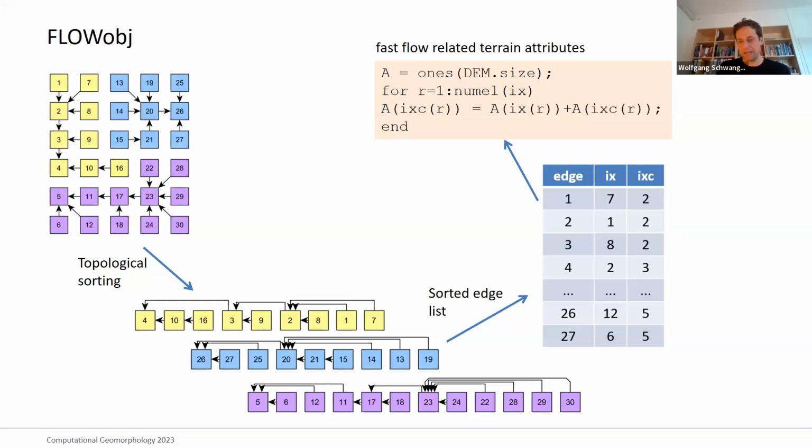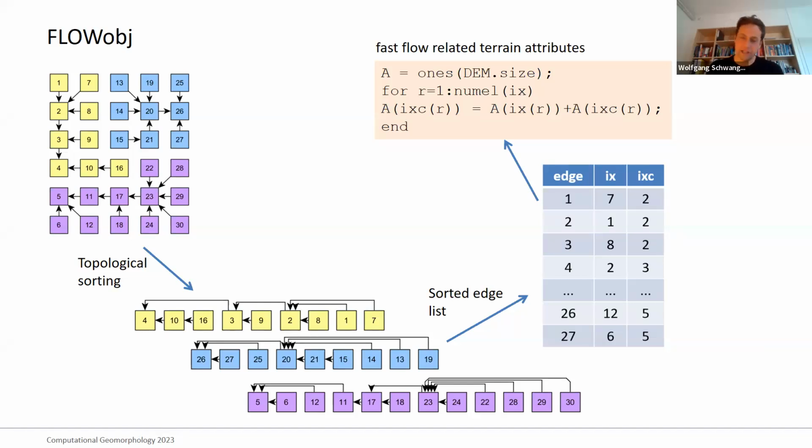Now, going a bit back to mathematics, the system of equations that is being solved with the transfer matrix is actually a very simple one. It can, by permutation, be cast into an upper triangular or lower triangular system, which can be solved very quickly. And why is that the case? Well, because we have a directed acyclic network.